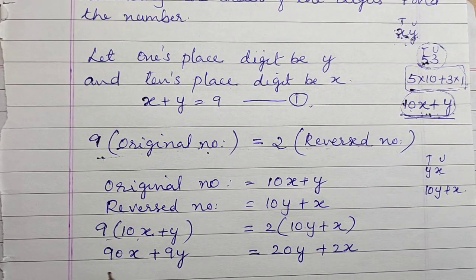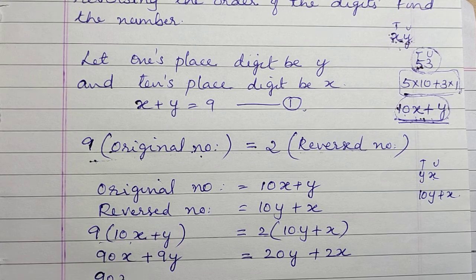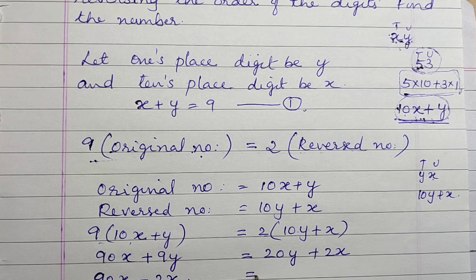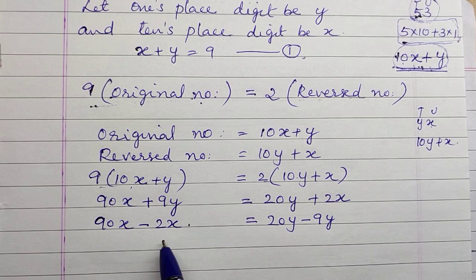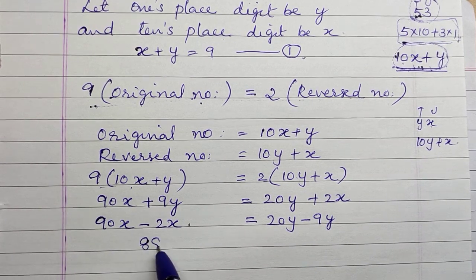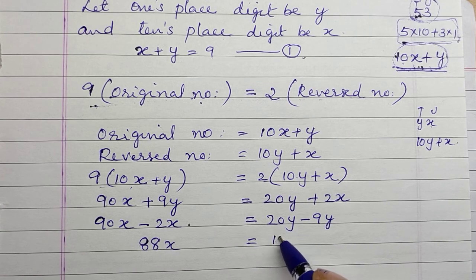Now bring the x terms together and the y terms together. 90x minus 2x equals 20y minus 9y. X on one side and y on the other side. 90 minus 2 is 88x equals 20 minus 9, it is 11y.